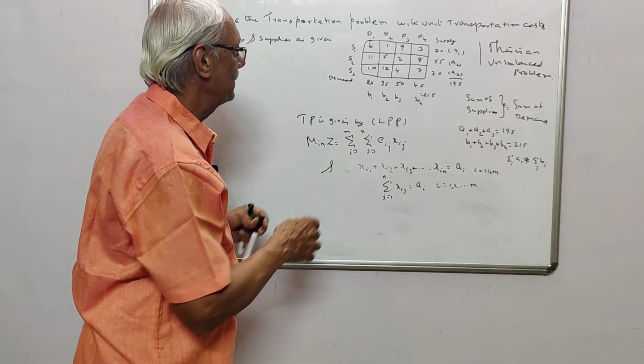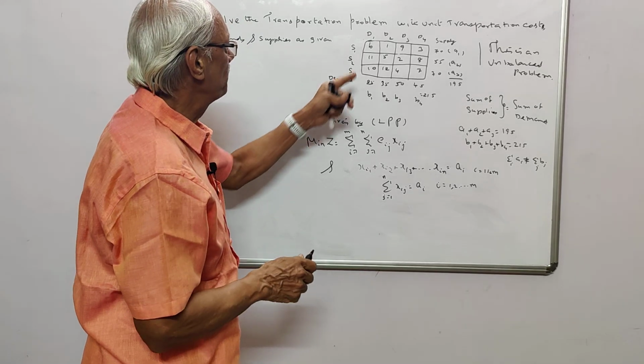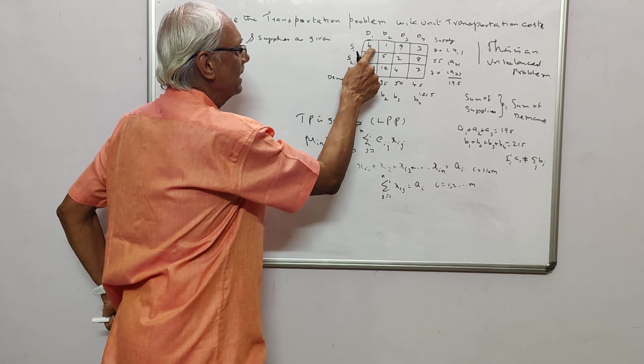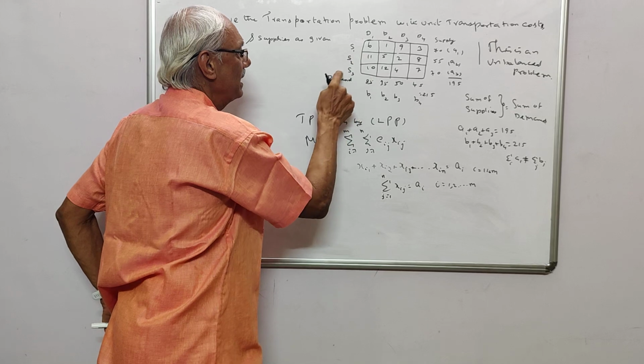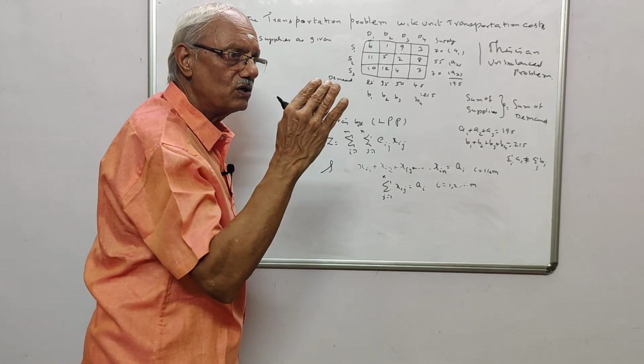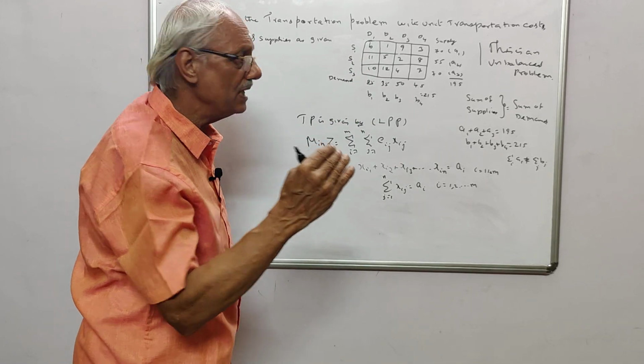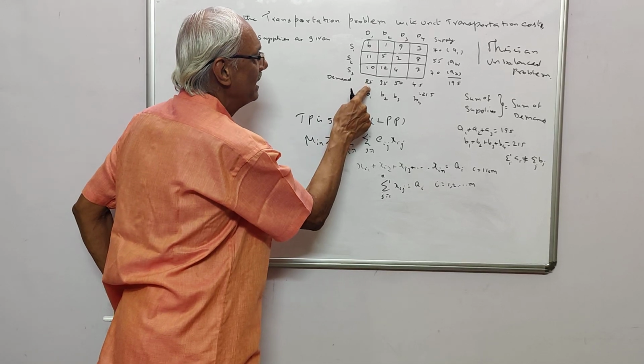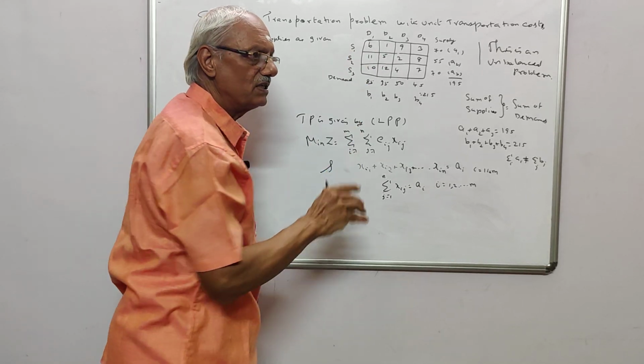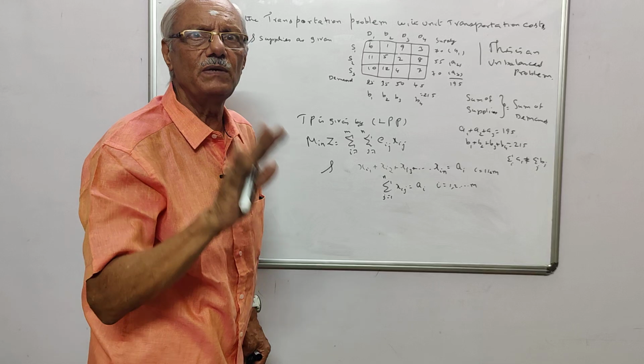What I mean is that S1 can supply, S2 can supply, S3 can supply, but the total supply cannot be more than the demand of this D1, which is 85 units. That is the meaning of that.